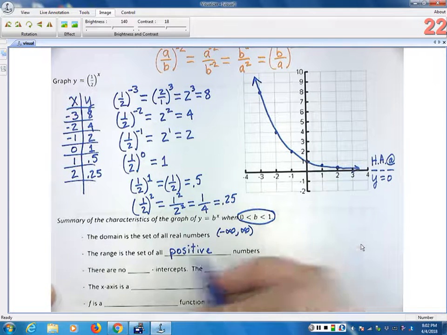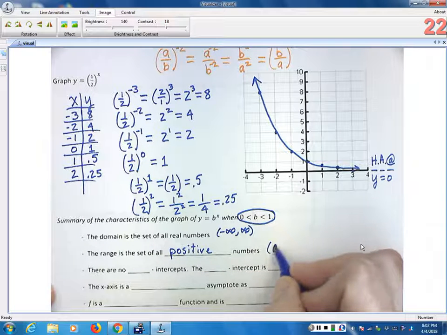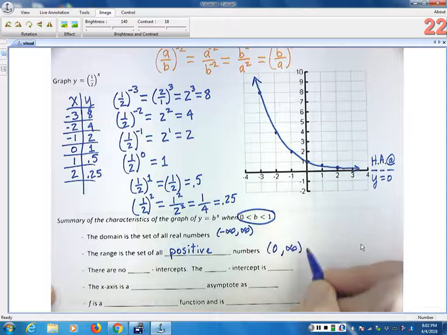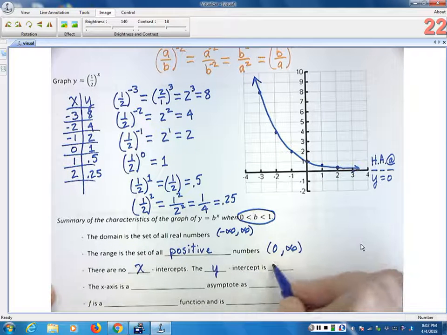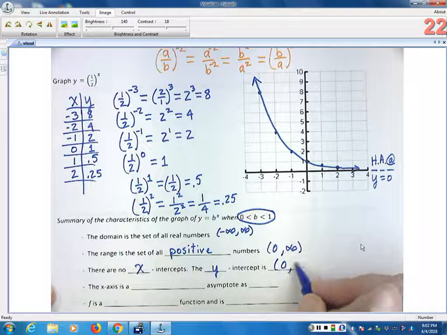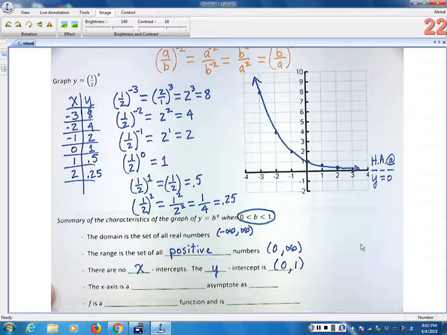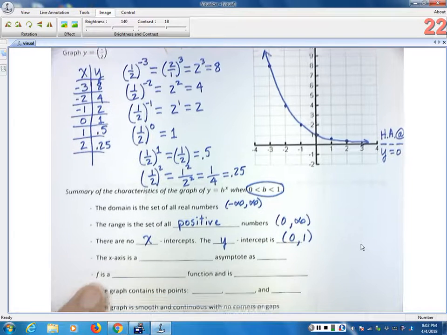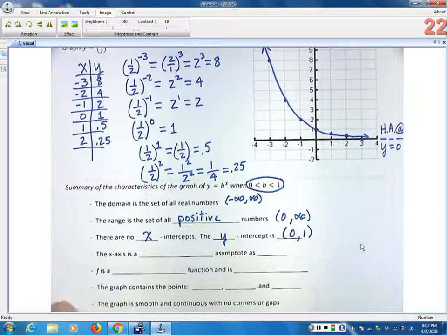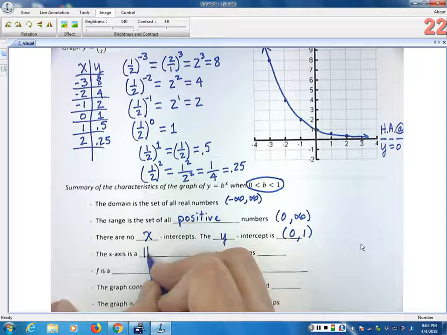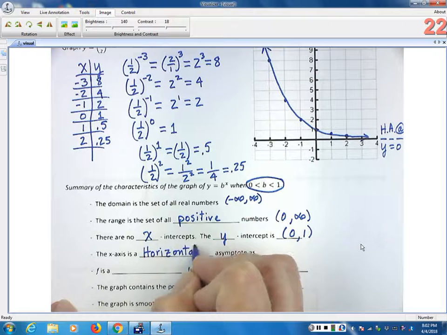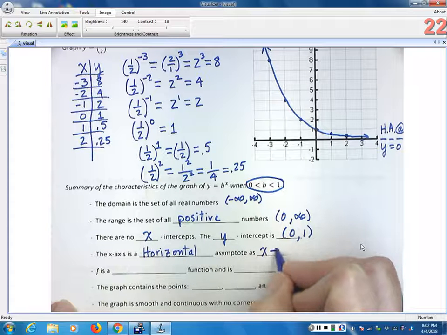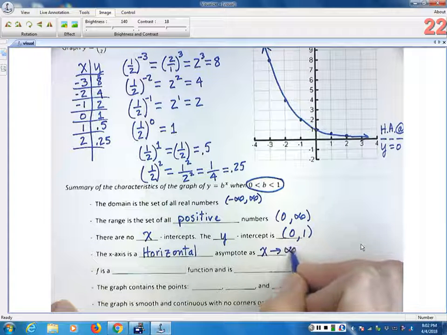So there's positive numbers. The range is 0 to infinity. There are no x-intercepts. The y-intercept is still 0, 1. The x-axis is still a horizontal asymptote, but this time it's as x goes to positive infinity.